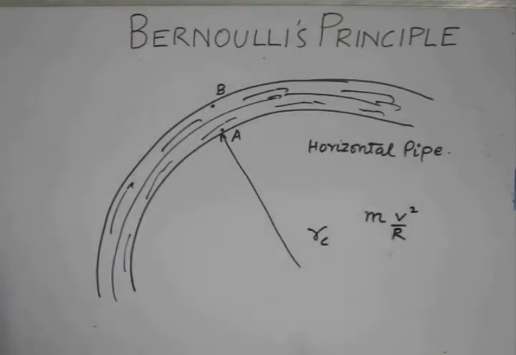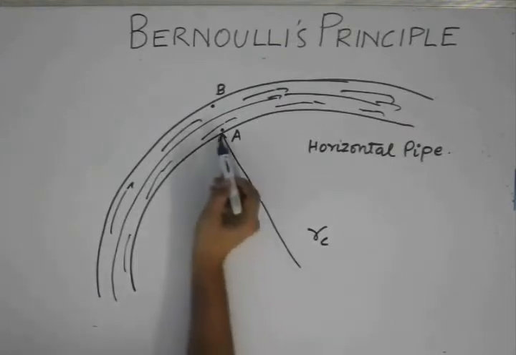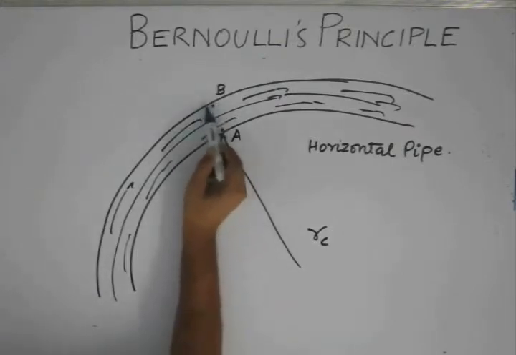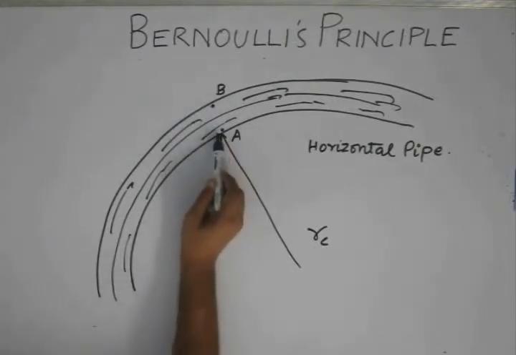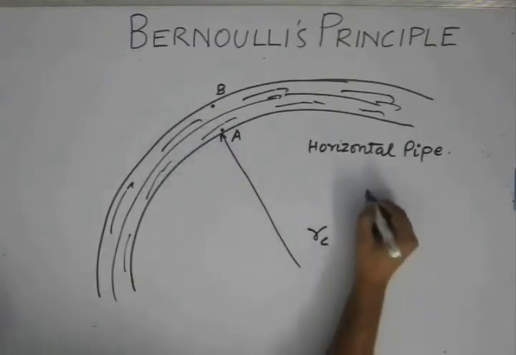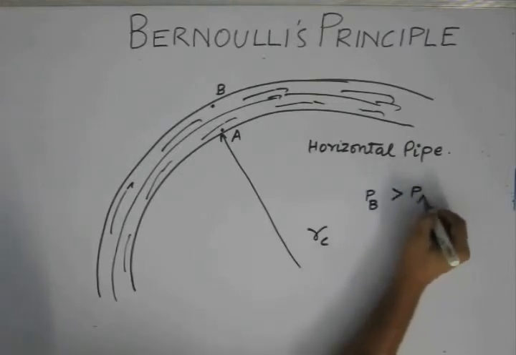Now, this force acts upon this bend. So as the radius of curvature increases along it, the centripetal force gets higher. So there is an increased pressure at B than A. So what is going to happen? The pressure at B is going to be greater than the pressure at A.